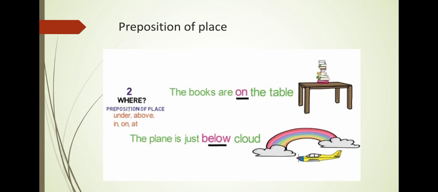Here also, the context between the plane and the cloud is being shown by the word below. Where is the plane in context to the cloud? The plane is just below the cloud. So here we come to know the preposition of place between the noun and the other words.